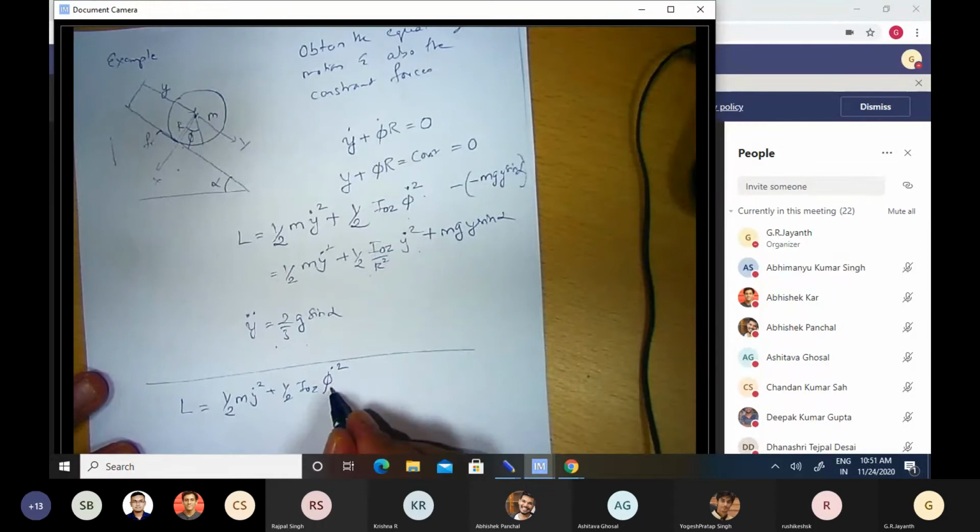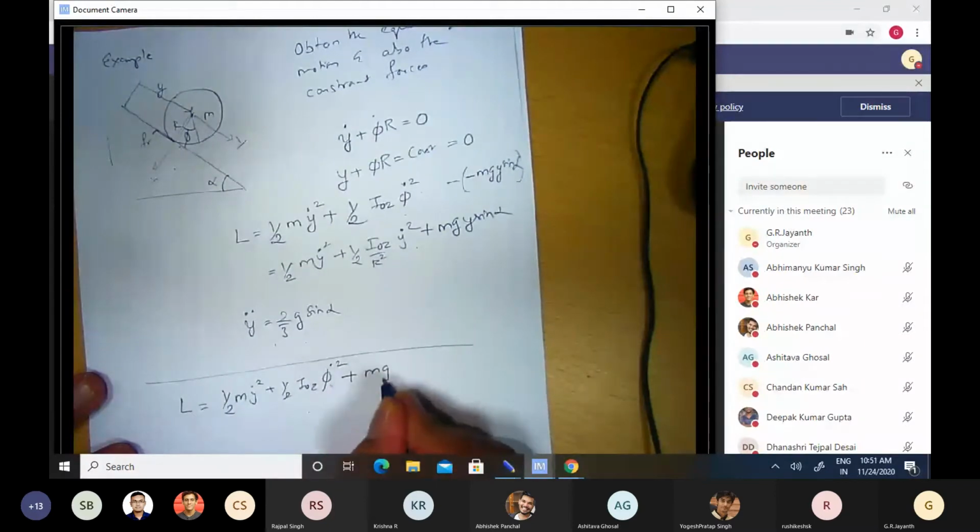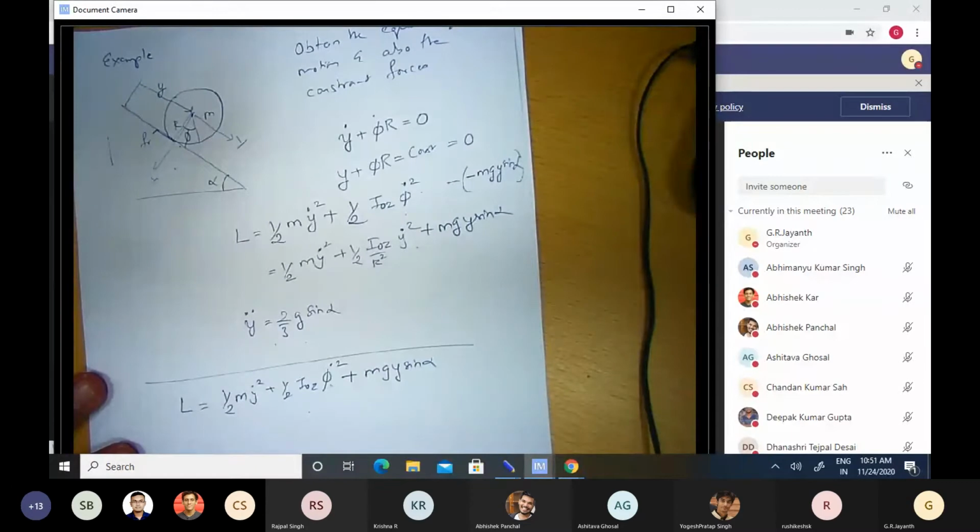Now it is assumed that y dot and phi dot are independent of one another at the time of writing down the Lagrangian. We don't assume that the two are connected by a constraint equation. Then the potential energy, of course, will continue to be mgy sine alpha, because this rotational motion doesn't contribute to any change in the potential energy expression, right?